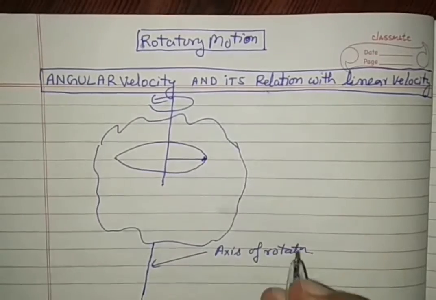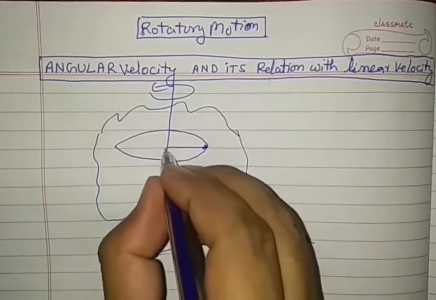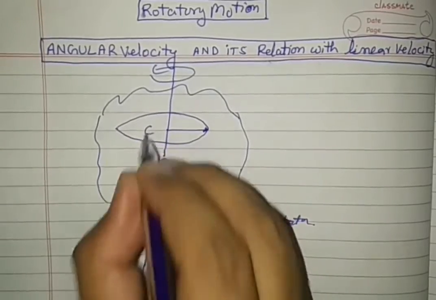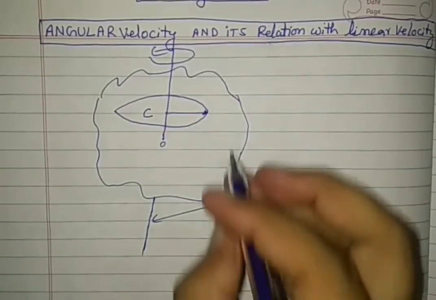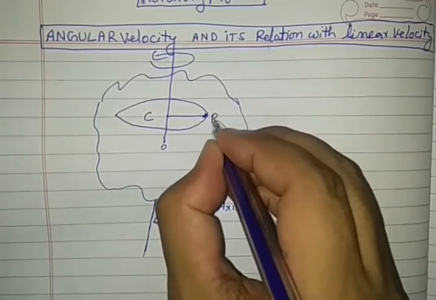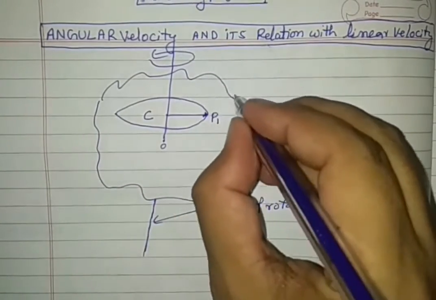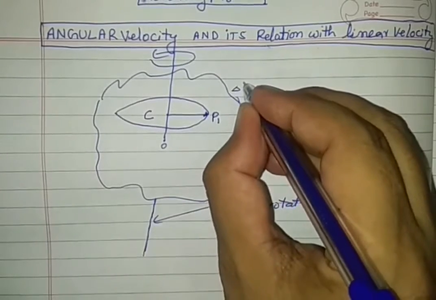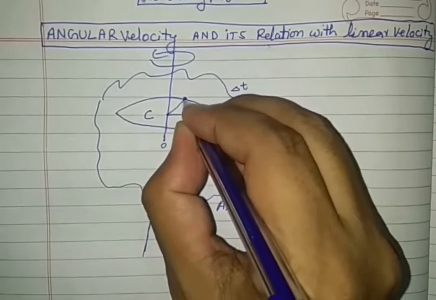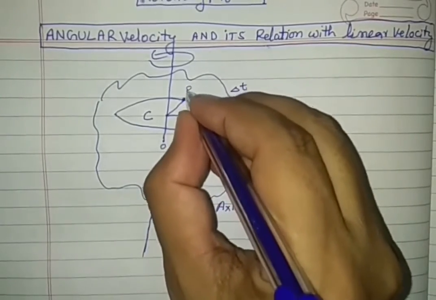Here let this be a point O and this be point C where the particle is. Let its position be here at P1. After delta t time it reaches this point. Let this be position P2.